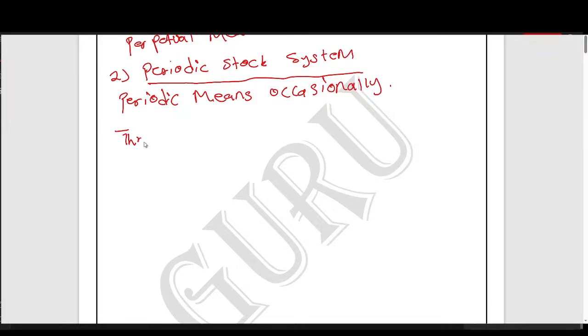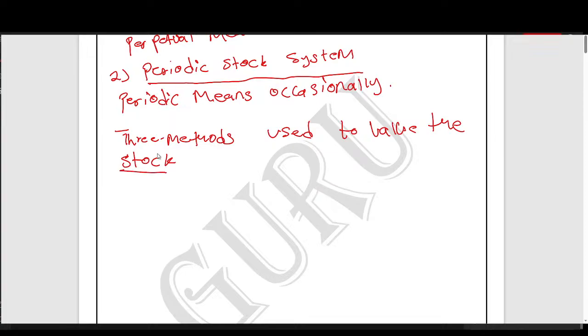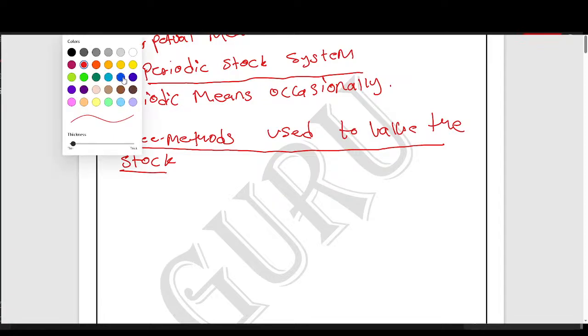Three methods used to value the stock. Those methods that I'm talking about here, number 1, we talk about what we call the specific identification method.